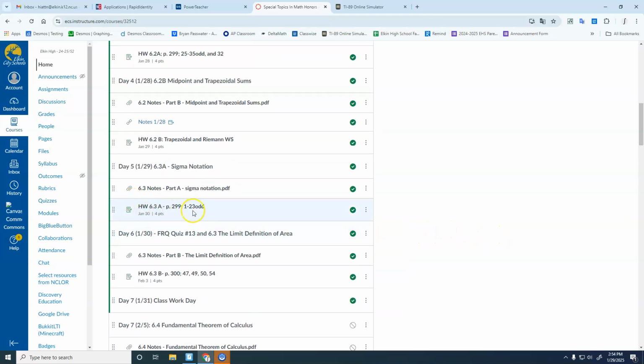All right, so your homework tonight is going to be page 299, 1 through 23 odd. These should not be like having to do 12 related rate problems. They should be quicker than that. So 299, 1 through 23 odd.